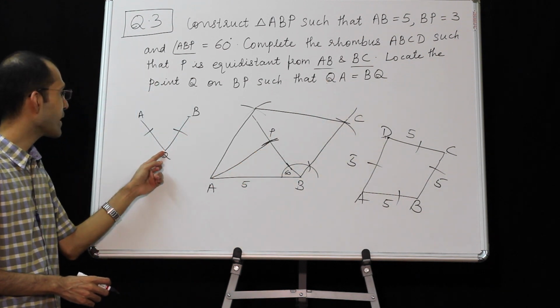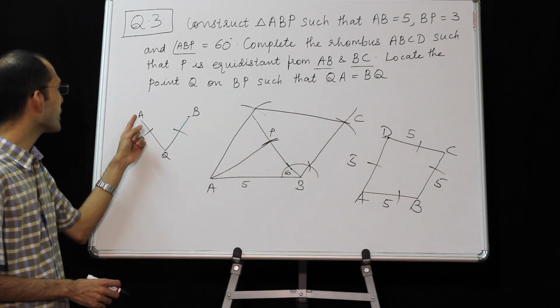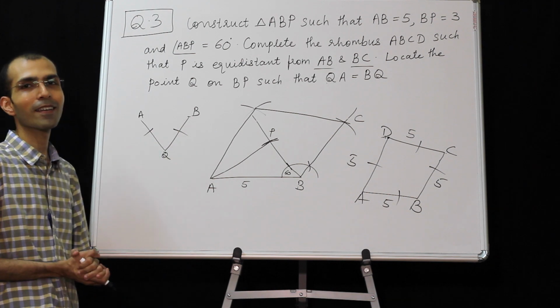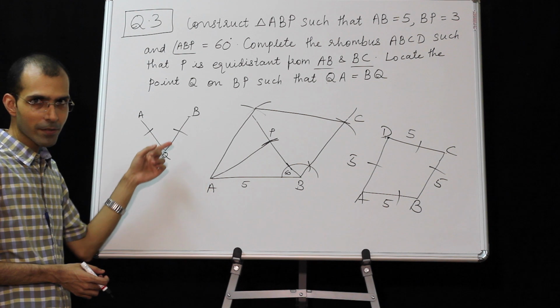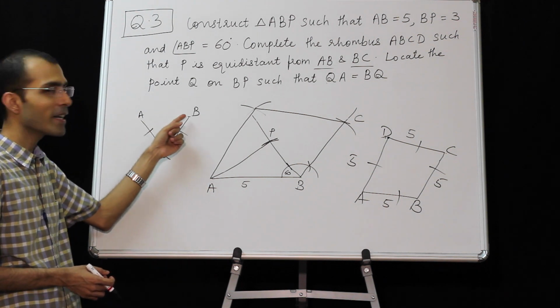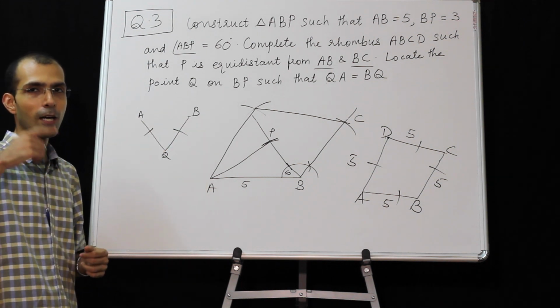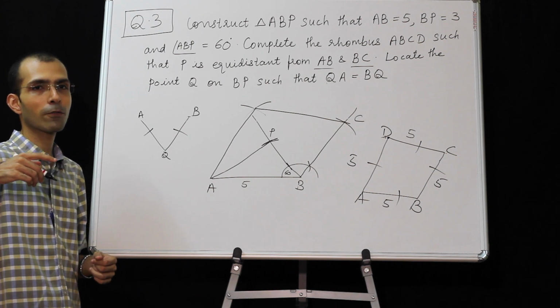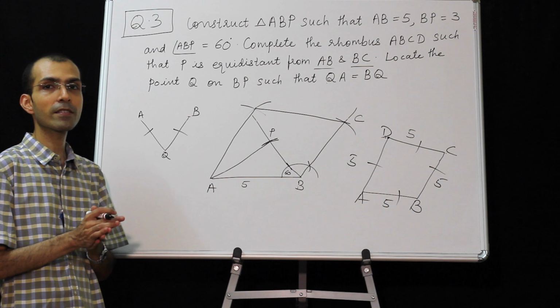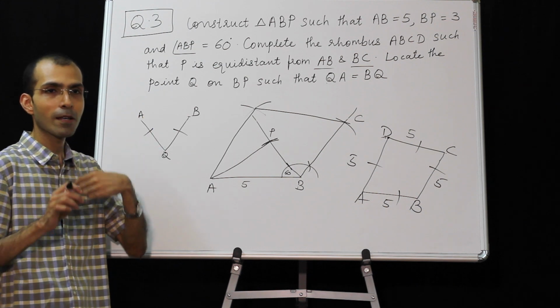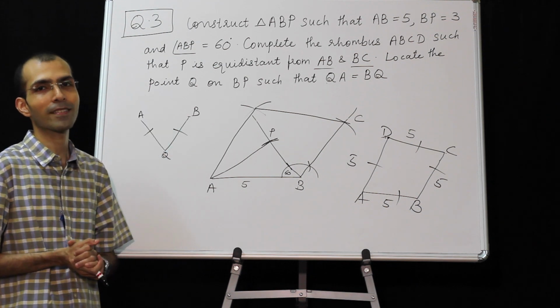Now can't I say that Q is equidistant from A and B? Because if QA is equal to QB, that means Q is equidistant from A and B. Now are you able to get it? Which concept of locus? Concept number 1. The locus of a point equidistant from two fixed points will be the perpendicular bisector.